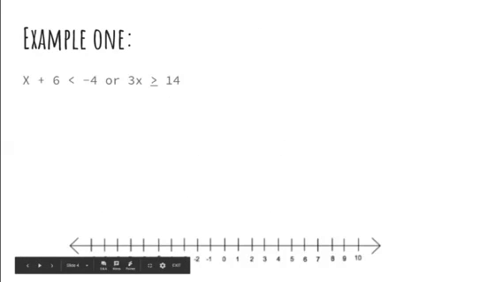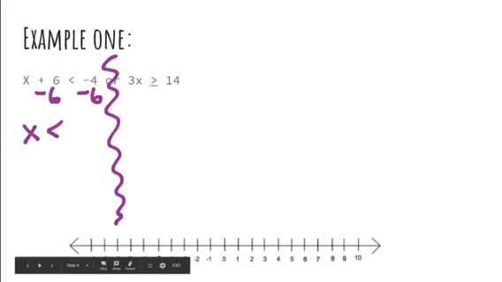Here's an example. x plus 6 is less than negative 4, or 3x is greater than or equal to 14. I'm going to go ahead and put a squiggle between here, and I'm going to solve it. I'm going to subtract 6 from both sides, and I have that x is less than negative 10.